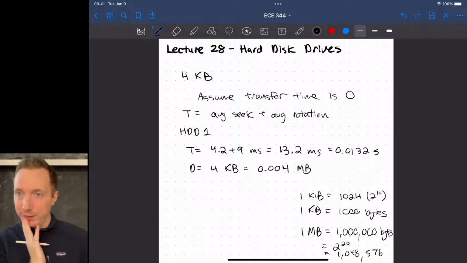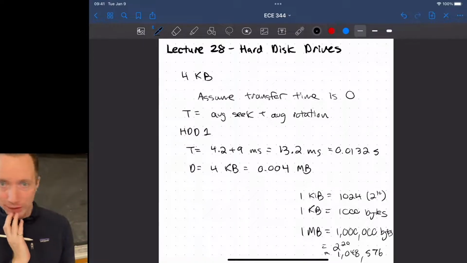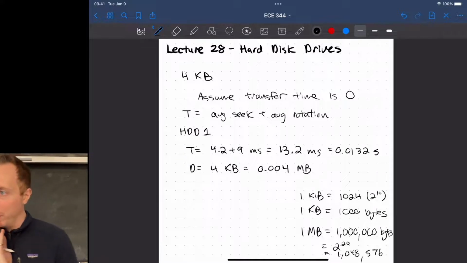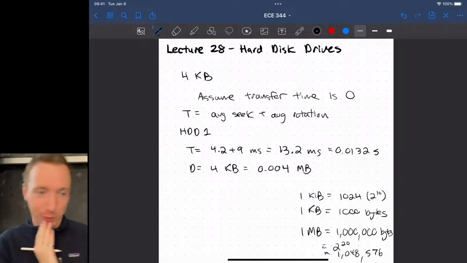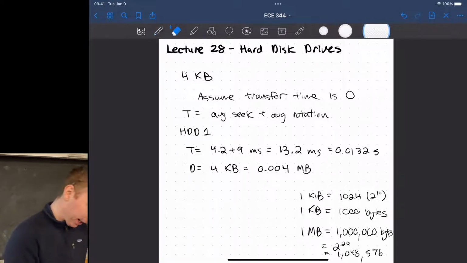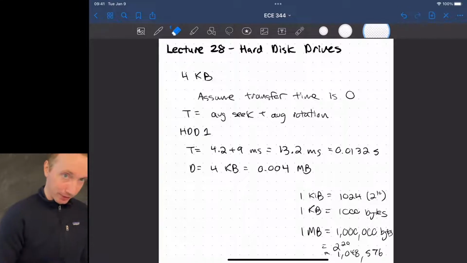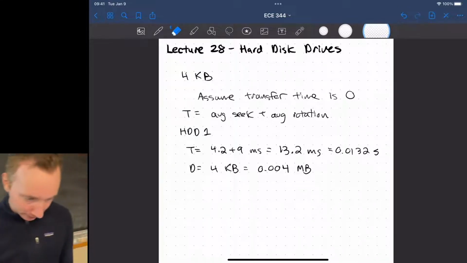And then it's going to be even worse if you believe 1 gigabyte is like 1 billion bytes and then you think it's 2 to the 30, then the numbers are going to be even more wildly different. So that is why when you buy a 1 terabyte hard drive, it's not actually 1 terabyte. So that's marketing for you.